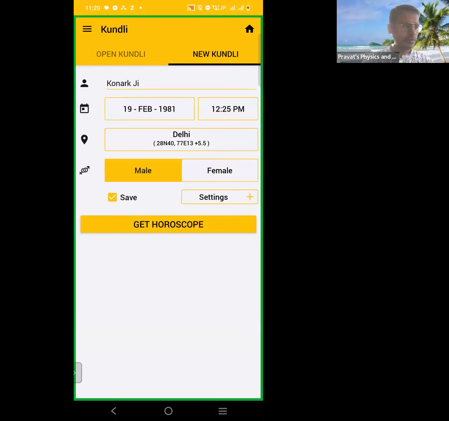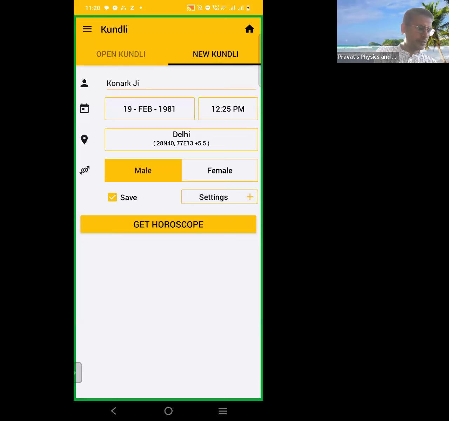This is the description. You can take a screenshot and find out the South Indian chart for your reference also, but I am going to use the North Indian chart, which I am acquainted with. So those who are interested, kindly take a screenshot of this, note down the time, place, and date of birth, and find out the chart for your reference.